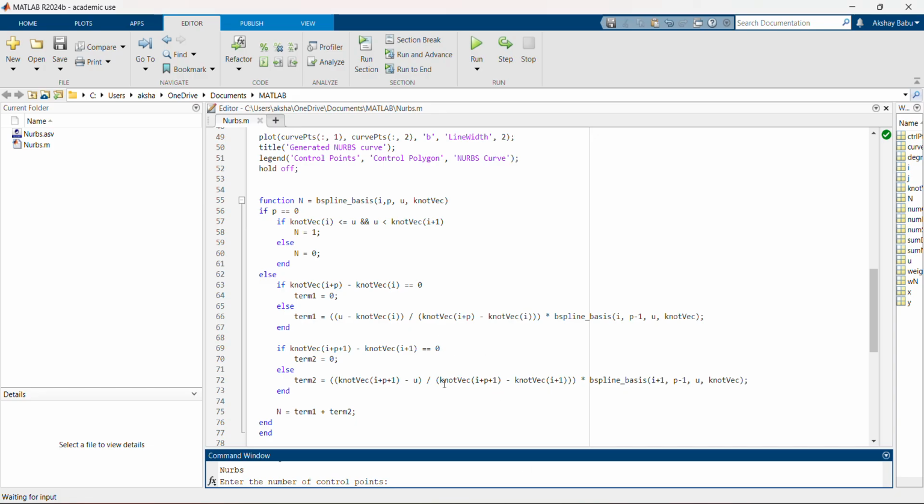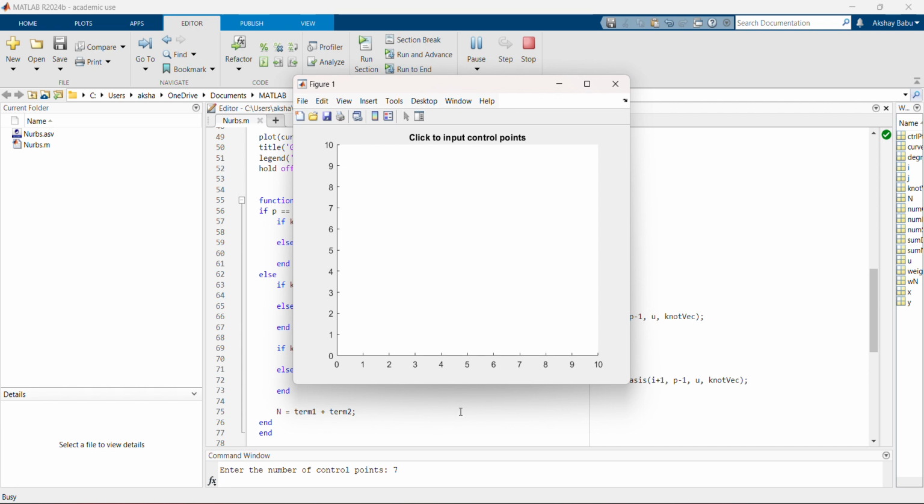Suppose we enter control points, we keep the number of control points as 7, and then we can start in the middle. 1, 2, 3, 4, 5, 6, and 7.